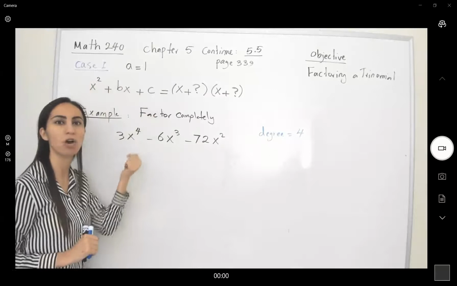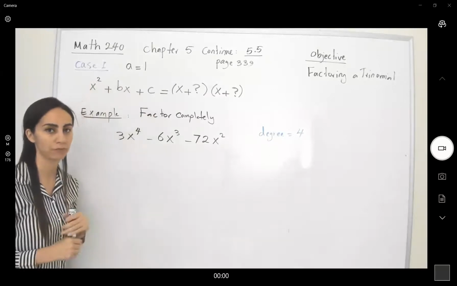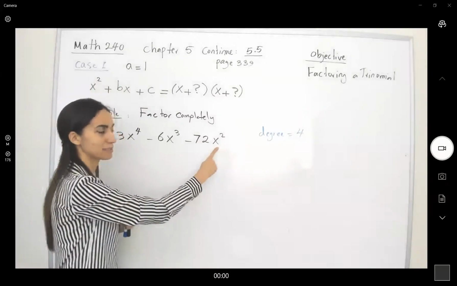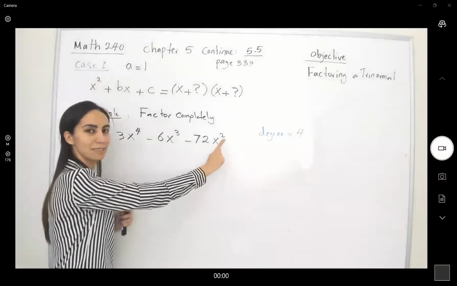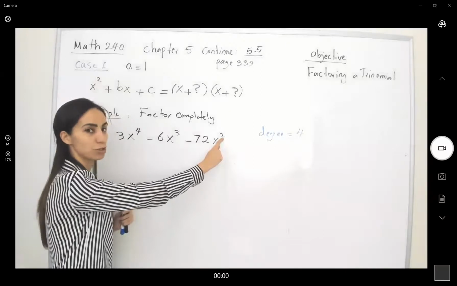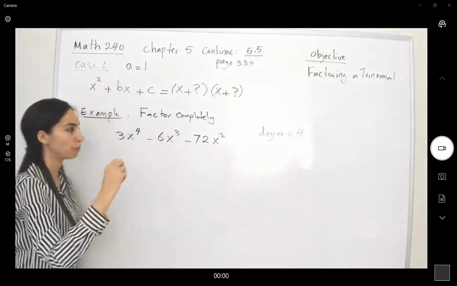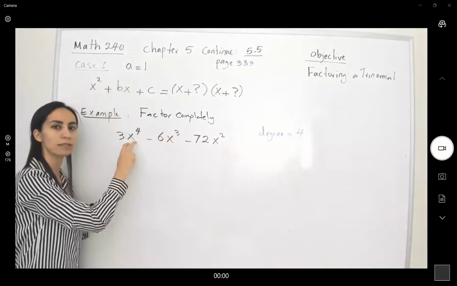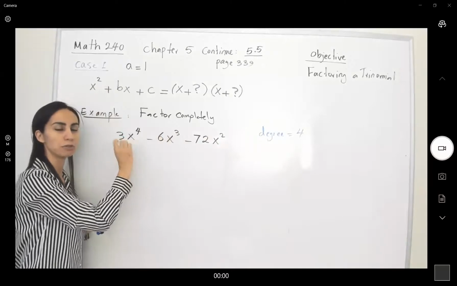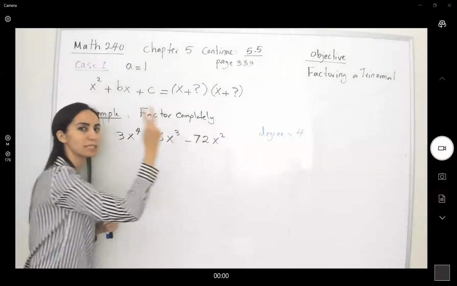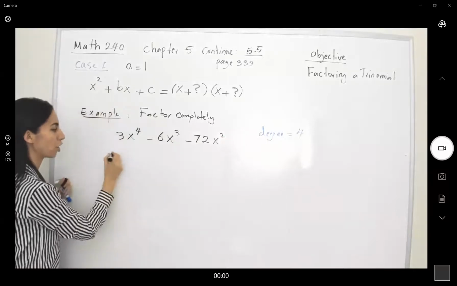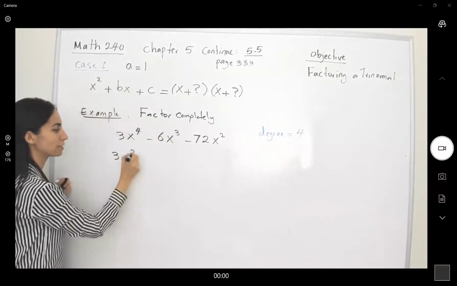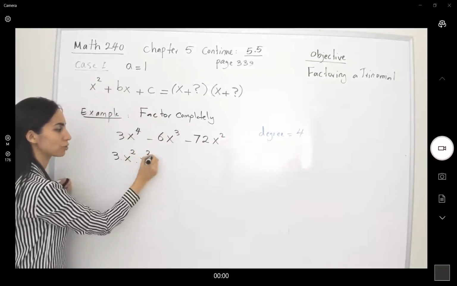It is 3 times x to the fourth. I'm looking at my last term that has the least degree or power, which is 2. So my job is to rewrite this x to the fourth into a form where I can see exponent 2. How? This is 3 times x to the second times x to the second.